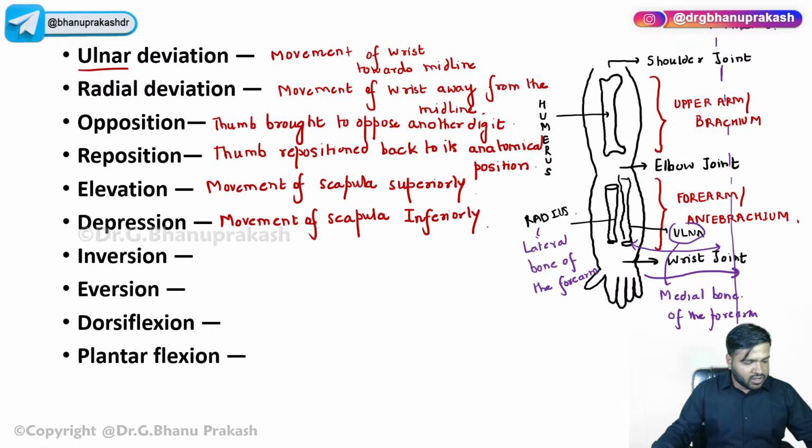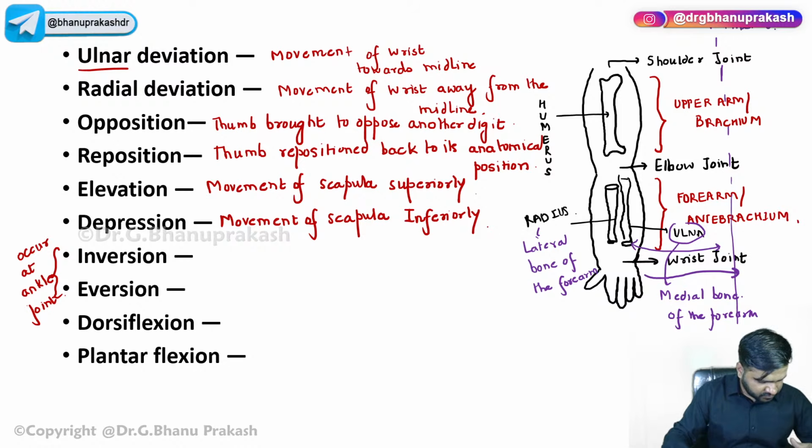Right? Now coming on to the next term, that is inversion and eversion. You guys have to know that these anatomical movements occur at the ankle joint, right? Now you already know the sole of the foot that we have discussed yesterday.